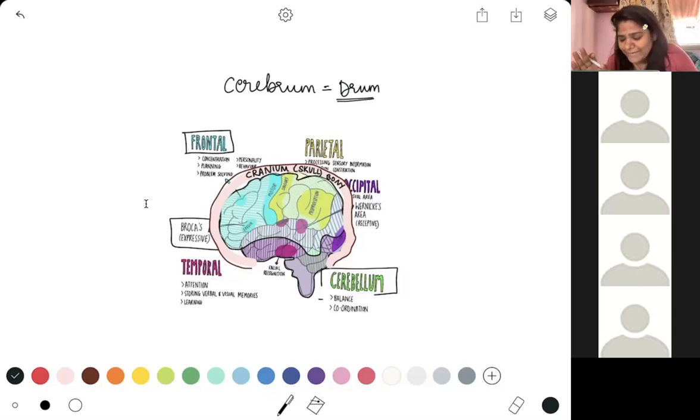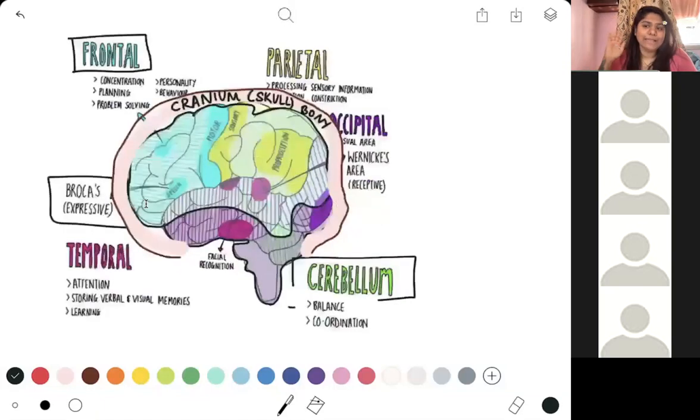While this all is kept inside this bony cavity, there is an upper region which we called cerebrum. There is a bottom region here which we also call chota dimag, the little brain. That is your cerebellum. And here in the middle, this particular region, is going to be your midbrain.